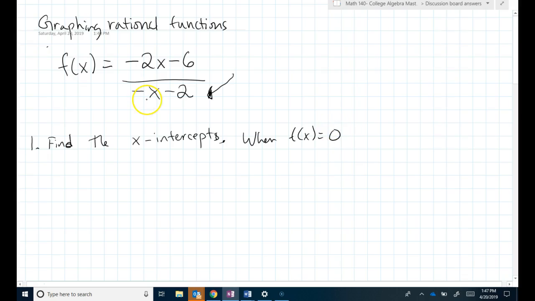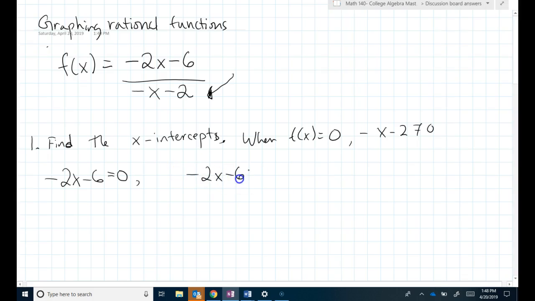Now, I know negative x minus 2 cannot equal 0. If negative x minus 2 equals 0, then I don't have a solution, so I'm going to keep that in mind. But that also means that when negative 2x minus 6 equals 0, that's going to be the x term of my x-intercept. So I'm going to solve that.